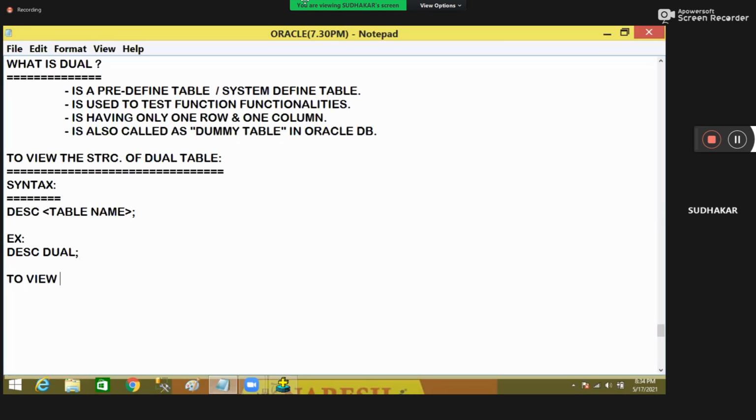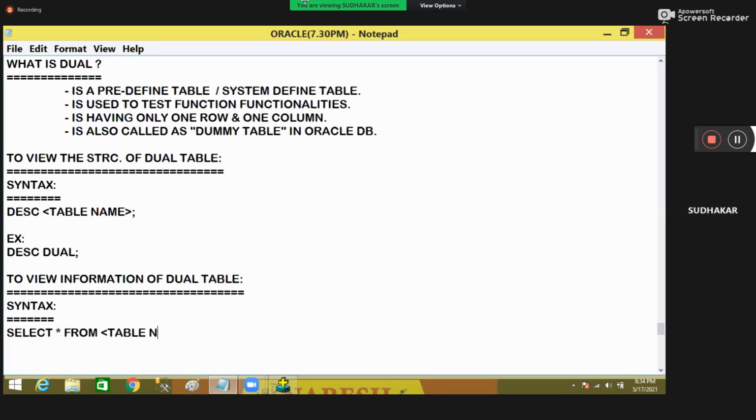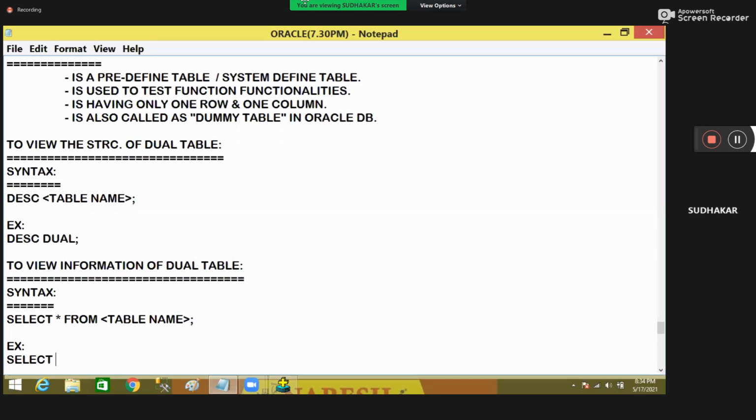Suppose you want to view the information of the dual table. Generally, when I want to see the information of a table, the syntax is select star from table name. Same to same, select * from dual.